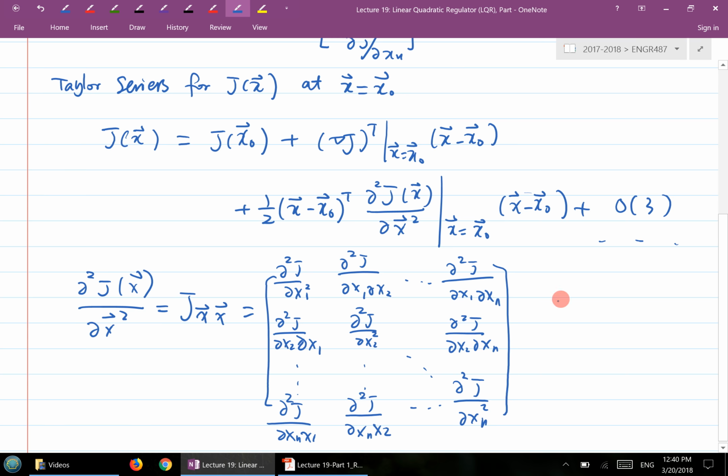Okay, so this is called the Hessian matrix.